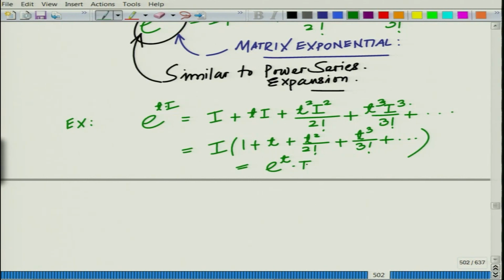and this is e raised to the power of t times I, because if you look at this quantity here, this is nothing but e raised to the power of t. So, this is e raised to the power of t I, and we use the property that I raised to the power of n equal to I. Okay.